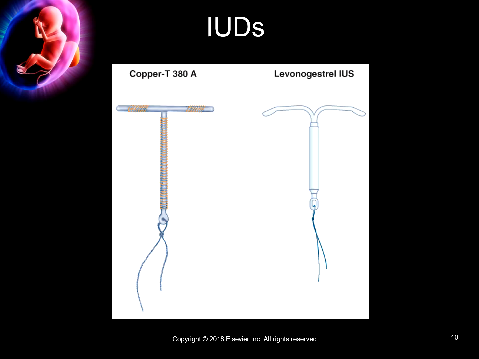It is considered safe for adolescents and for women who have never had a baby. And there is a slight risk for infection for the first 20 days because of just the implantation of this. There's not an increased risk for pelvic inflammatory disease if condoms are used.